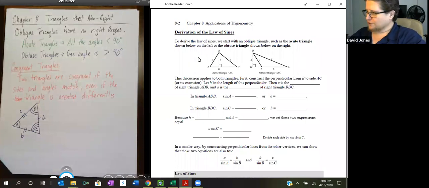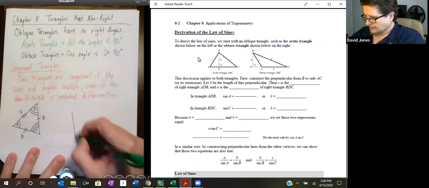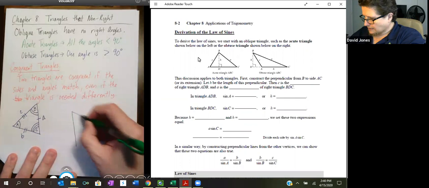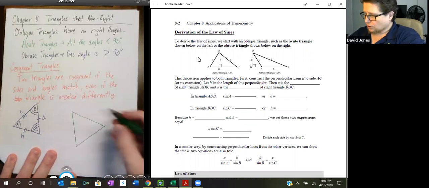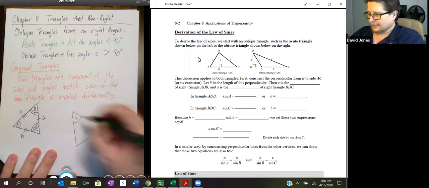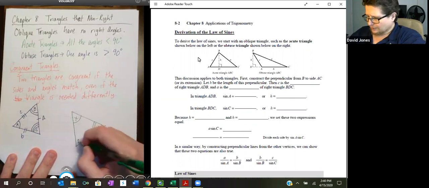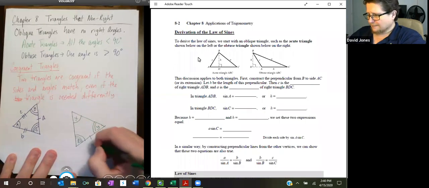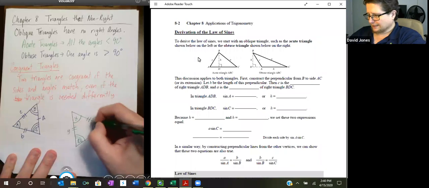Then I can have a different triangle that's oriented differently. We'll call this angle X. It gets one arc. Angle Y gets two arcs. Angle Z gets three arcs. And that makes this side little x, this little y, and this little z.